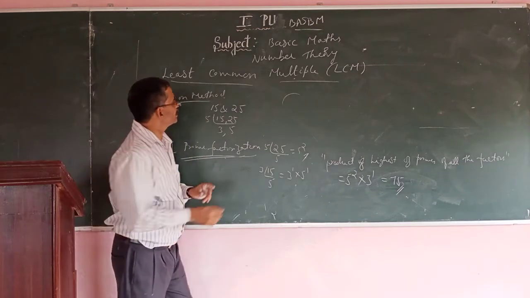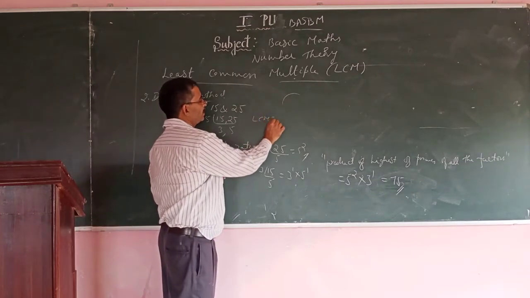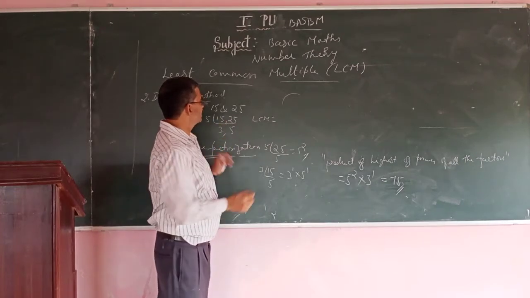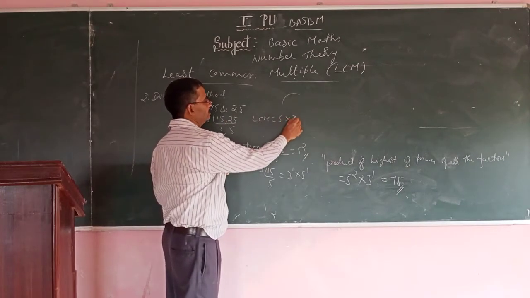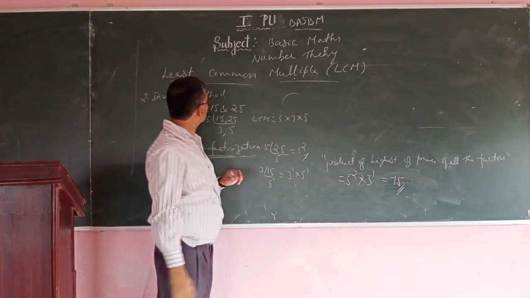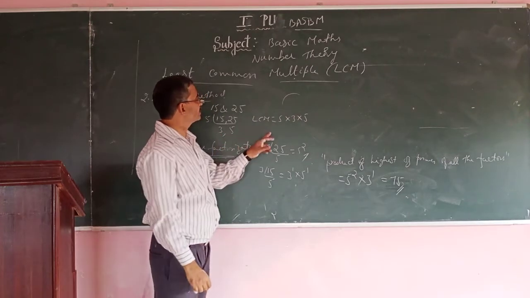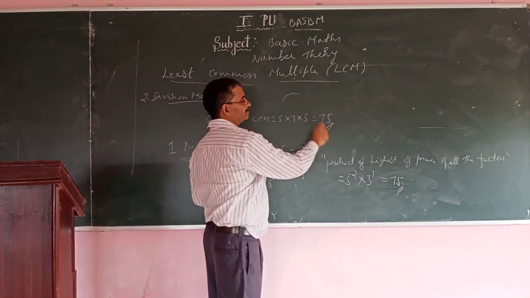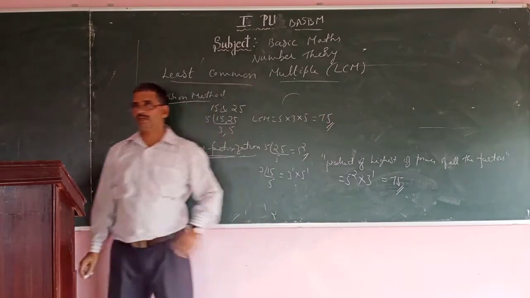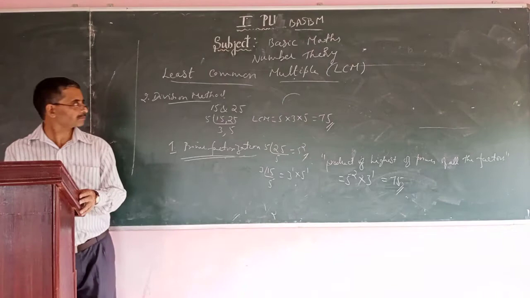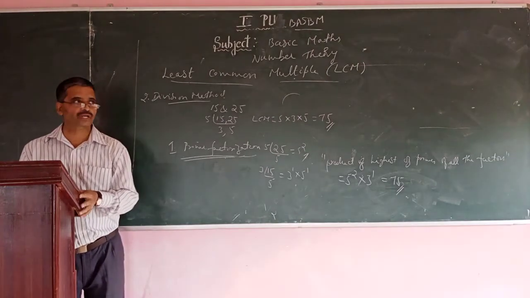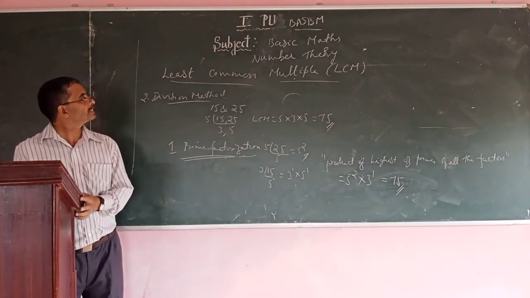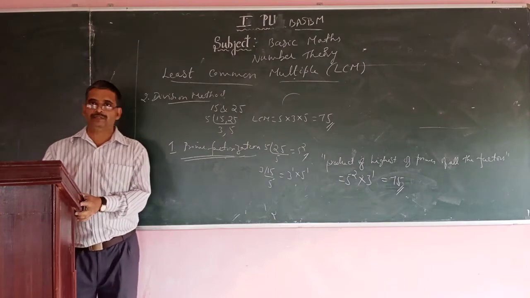So LCM is the product 5 into 3 into 5, which is 75. This is how we can get LCM using the division method.